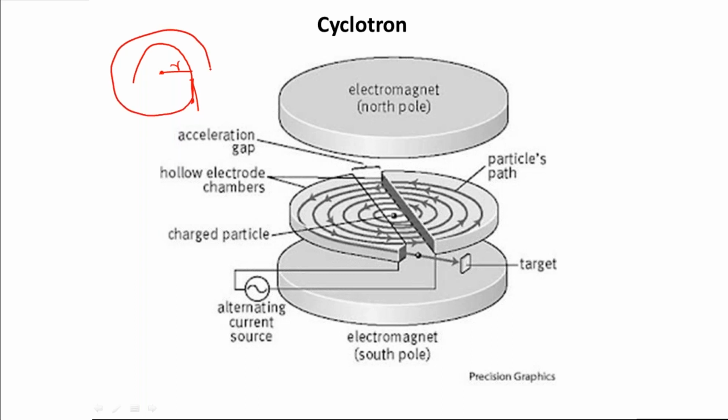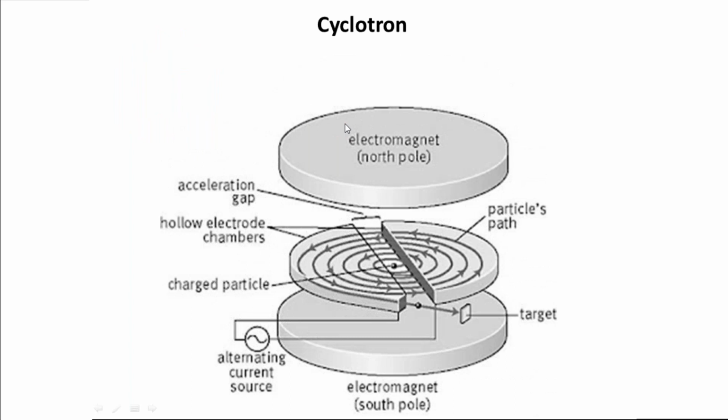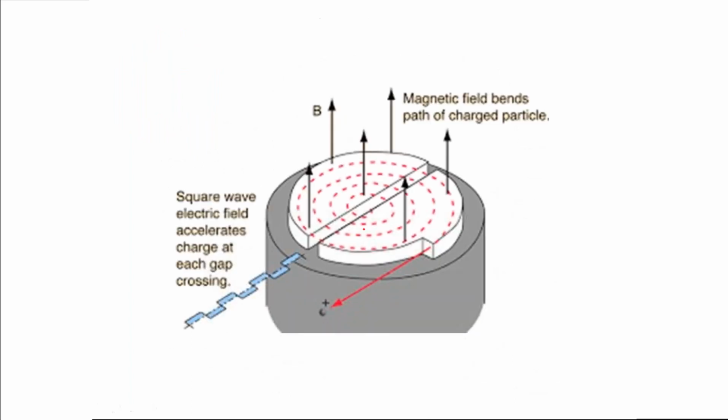I'll just repeat this concept again. Look, suppose it was in D1. It will start from here and go like this. Once it reaches here, there is a gap.